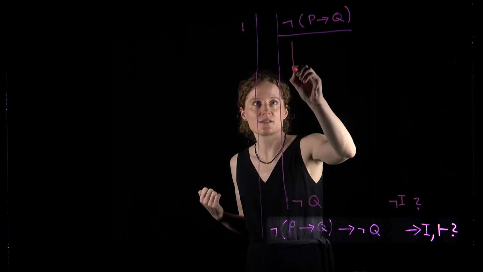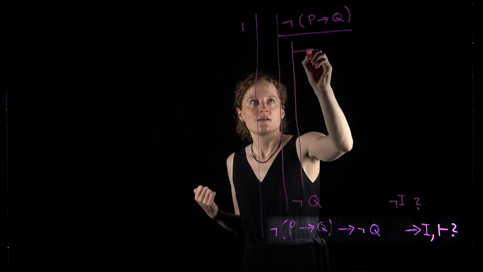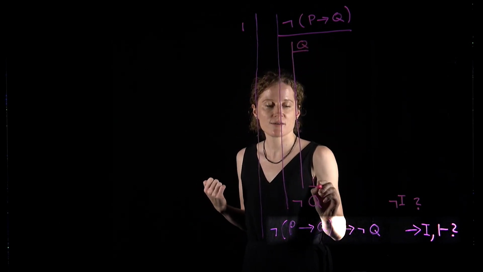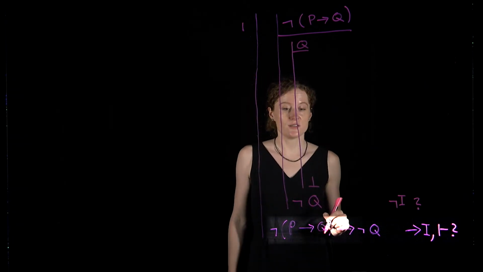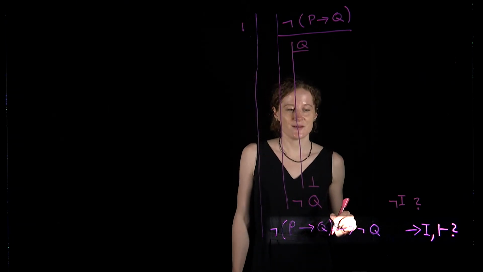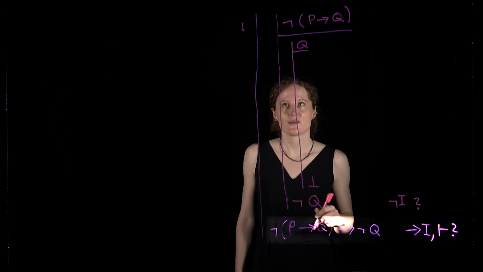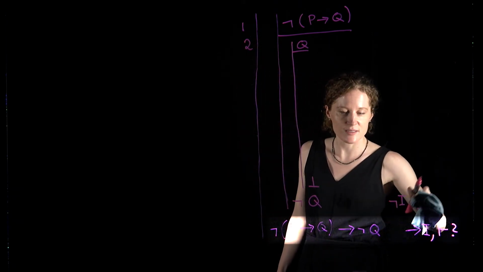So negation introduction goes like this. If the assumption that Q leads to a contradiction, then I can infer not Q, citing the rule negation introduction and our subproof from 2 to somewhere.